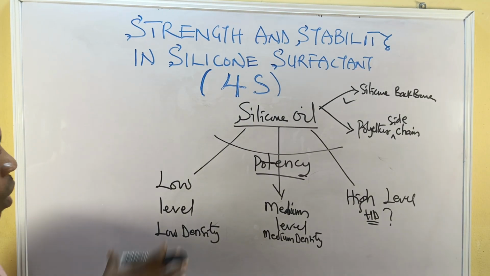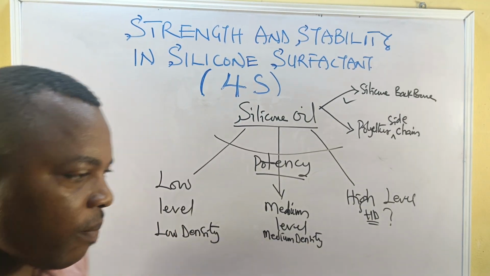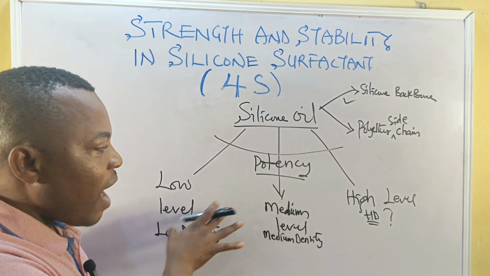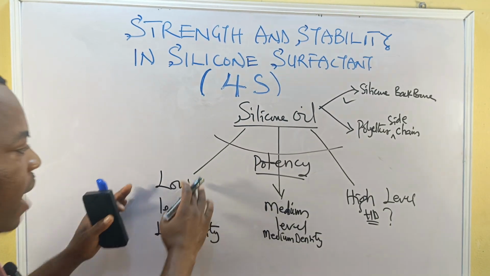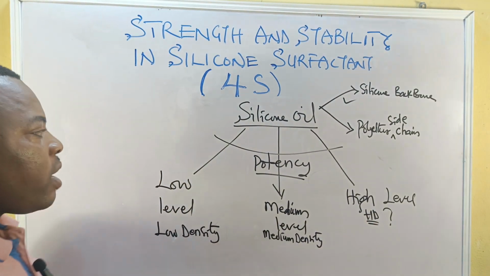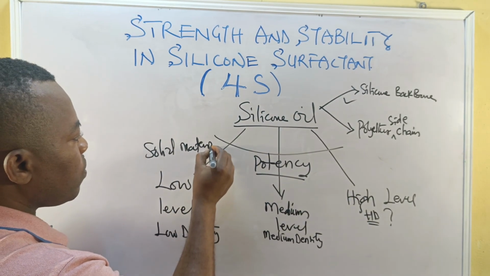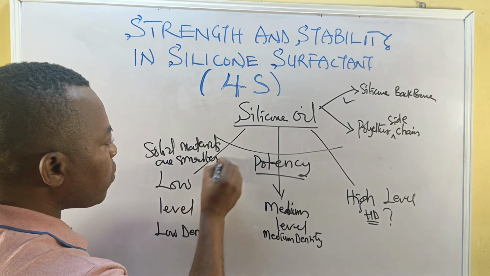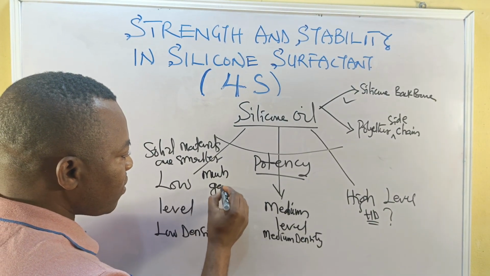Now look at low density. Low density means you are going to use methylene chloride and water in that formulation to blow this foam, so as to achieve the desirable density that you want to produce. And remember, each density has its own application. In this case, the solid material is small, with much gas.